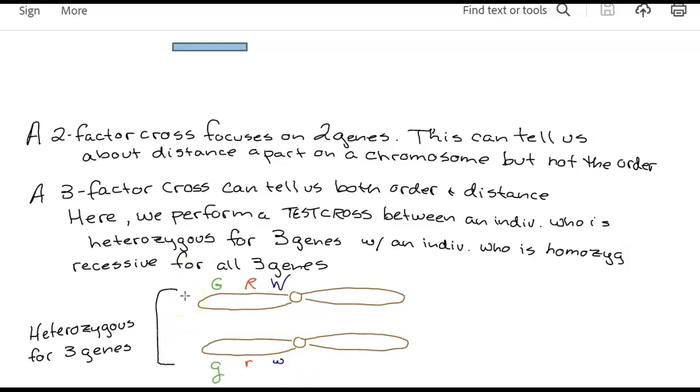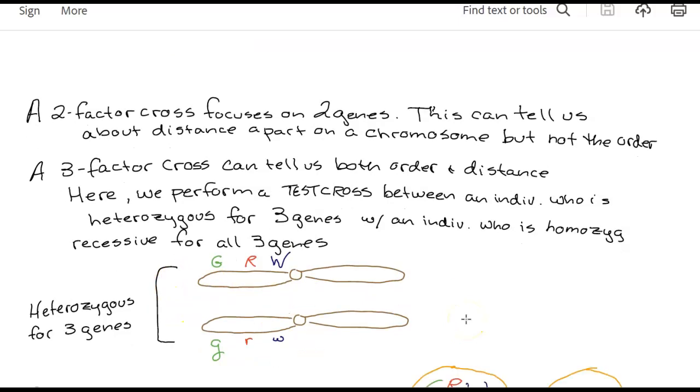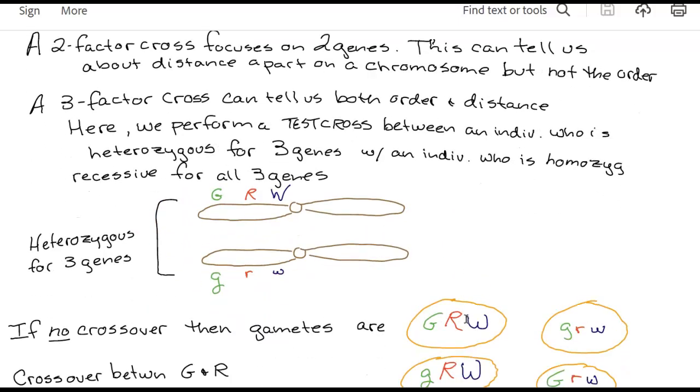So this is the first generation that would be heterozygous for all three. Moving on, if we were to look at the gametes of that individual, this was one possible gamete, and this would be the other possible gamete. And that implies that there's no crossover.